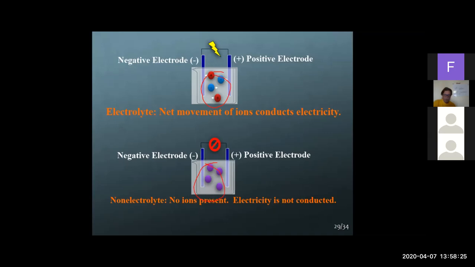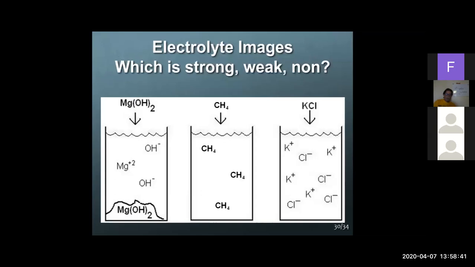The bottom diagram shows covalent compounds, non-electrolytes. They don't conduct electricity, and hence they don't close the circuit, so there's no electricity running through that wire on top. That's what we're talking about.